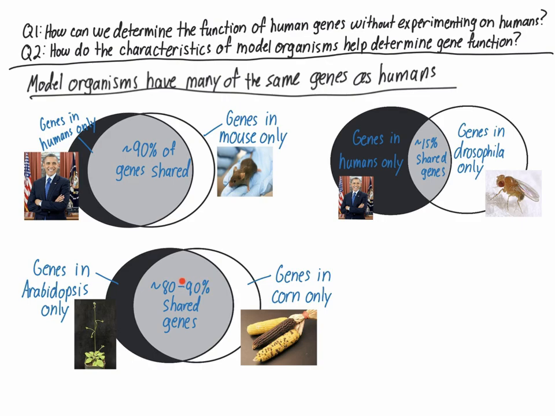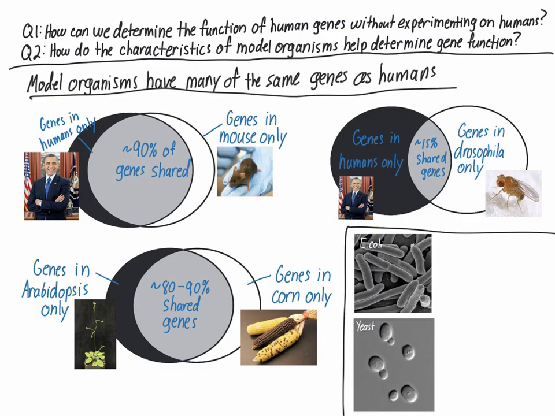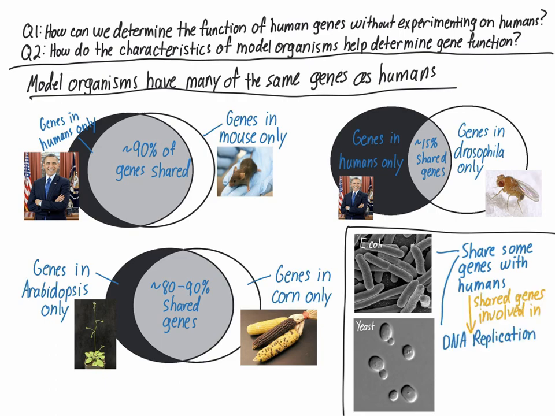In plants, 80 to 90% of genes in corn are also present in Arabidopsis. Even yeast and E. coli share some genes with humans. The study of genes involved in gene expression and other processes in these tiny organisms has taught us a lot about processes shared by all species, like DNA replication, transcription, and translation.